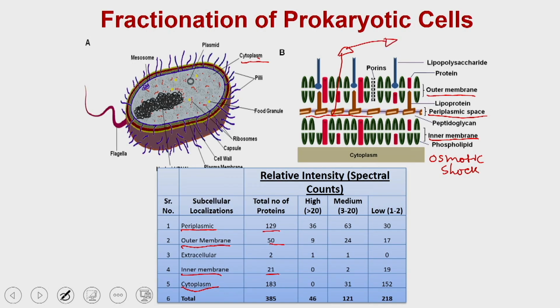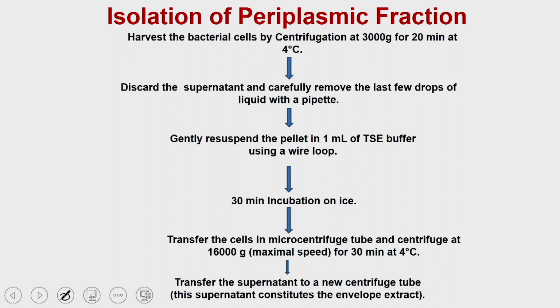This can be done simply by following a simple protocol. In this protocol, first you harvest the bacterial cells by centrifugation at 3000 g for 20 minutes at 4 degrees. Then you carefully remove the media as well as the supernatant with the help of a pipette.